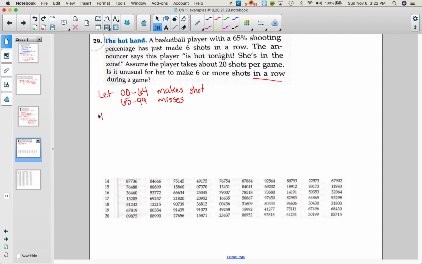And then I have to describe a trial. Well, this one, she actually is going to take 20 shots per game. So I need to look at 20 2-digit numbers. And then what am I looking for? I'm looking to see if she gets the 00 to 64, I need to find 6 of those in a row, 6 or more in a row.